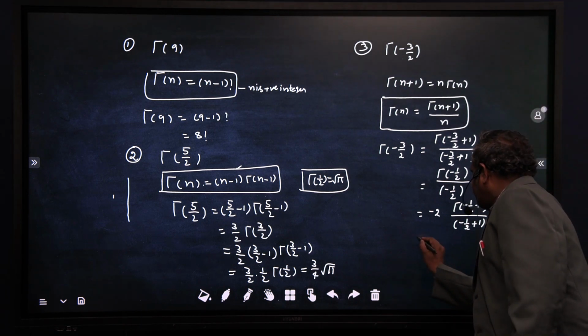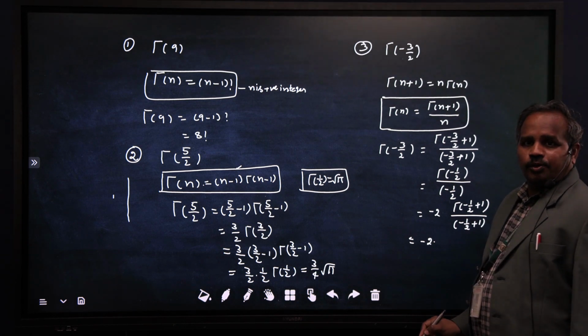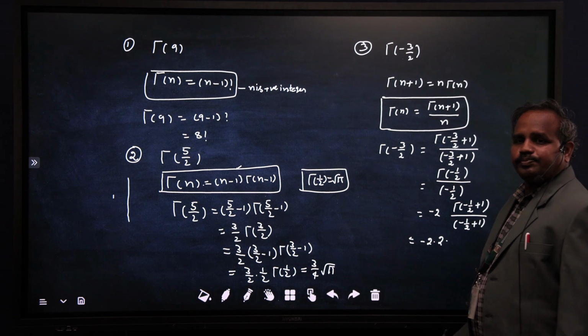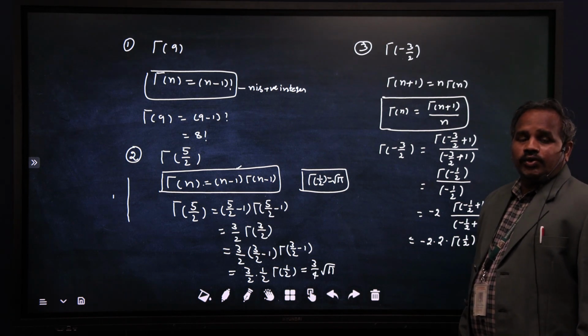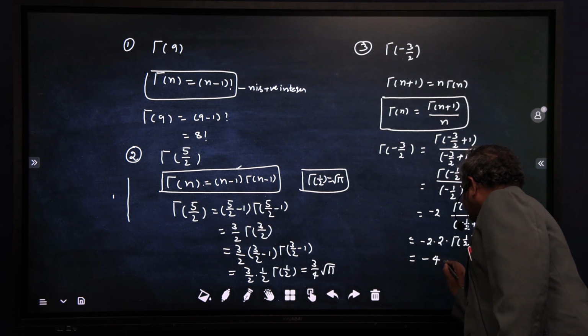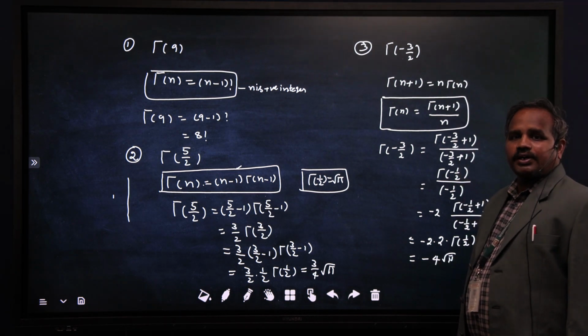This is equal to minus 2 into, dividing by minus 1 by 2, which gives 2, gamma of minus 1 by 2 plus 1, that is gamma of 1 by 2. We know the value of gamma of 1 by 2 is root pi. So this is minus 4 root pi.